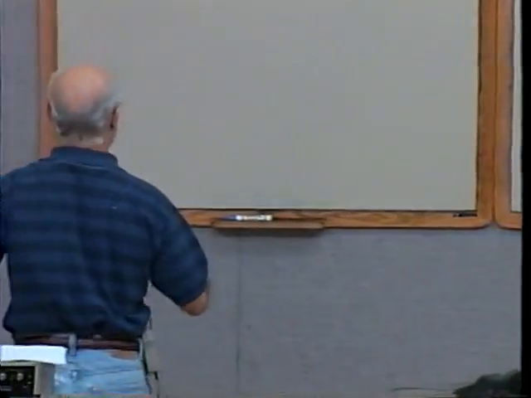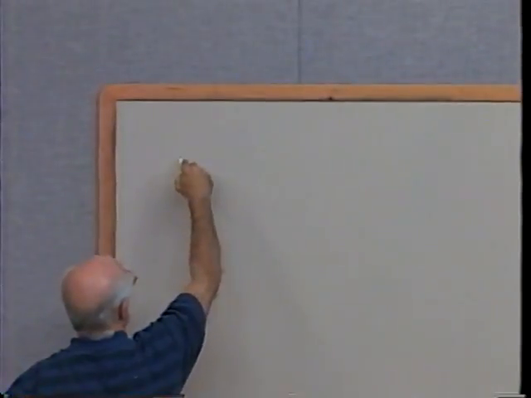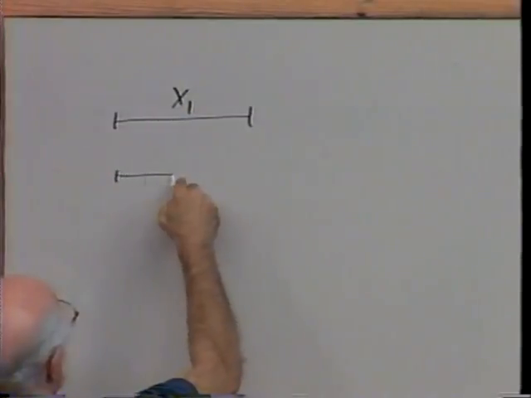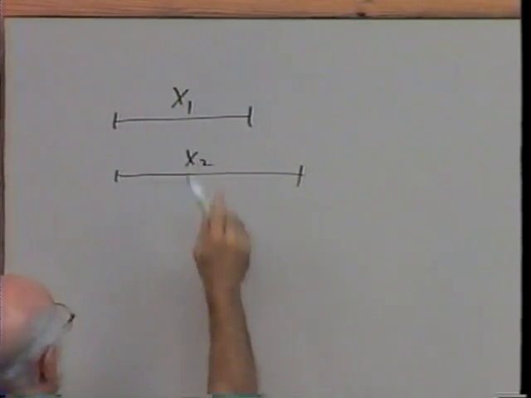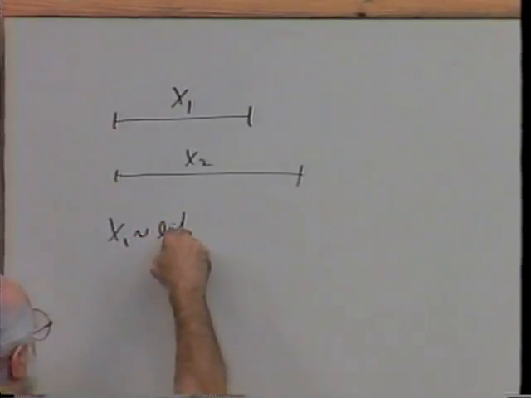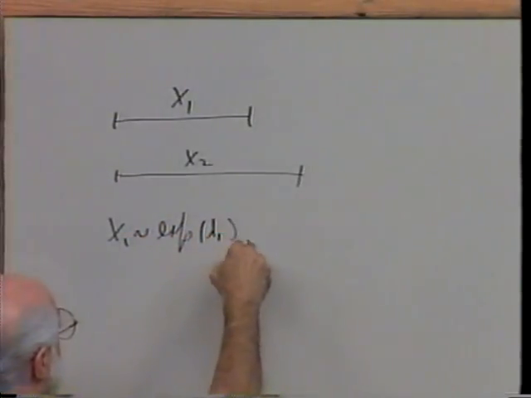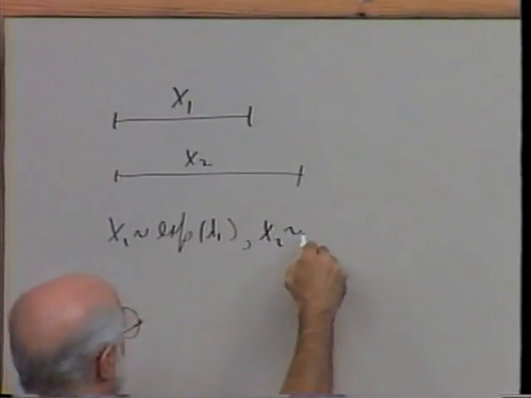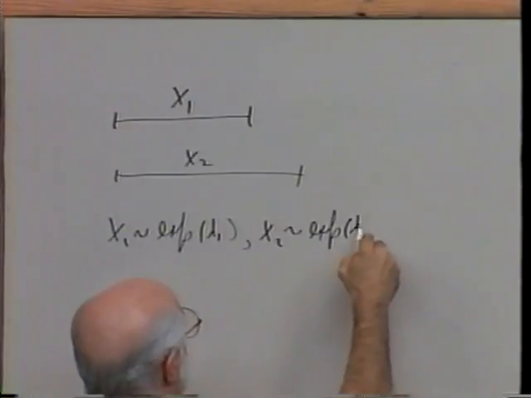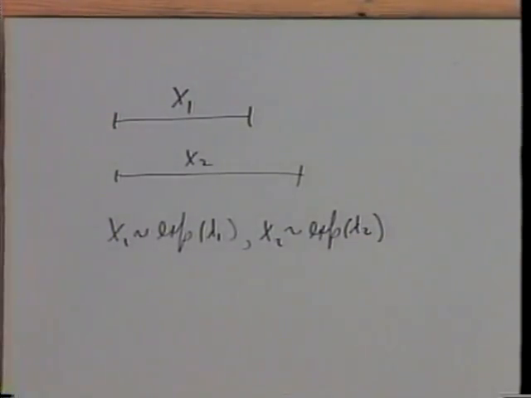The first thing is I want to recognize the case where I've got two random variables, x1 and x2, and they're, in a sense, racing against each other. As we've already discussed in class, I'm going to assume that x1 is exponential with rate lambda 1, and x2 is exponential with rate lambda 2, and x1 and x2 are independent.